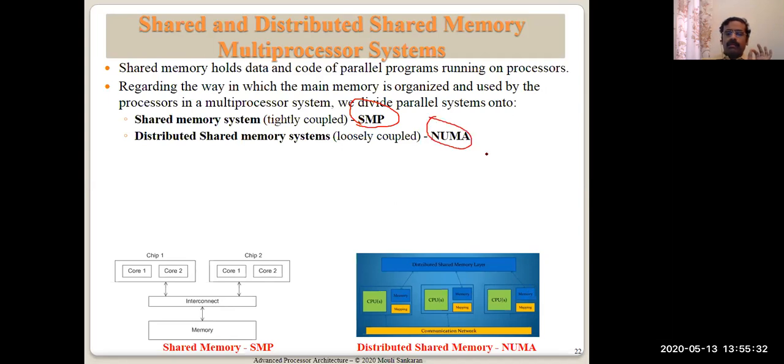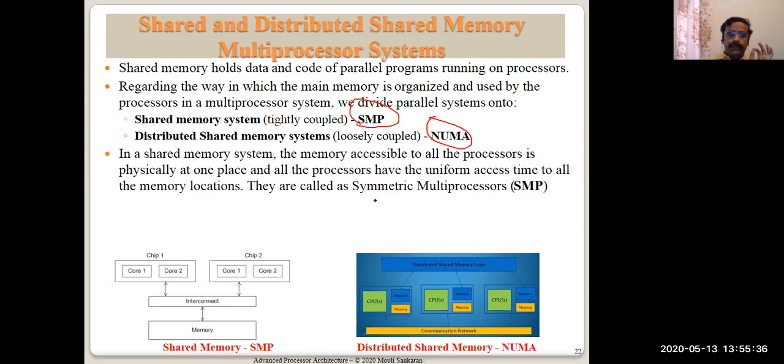And NUMA. Let me explain. In a shared memory system, the memory accessible to all the processors is physically in one place. And all the processors have uniform access. The links connecting them are almost of the same distance.